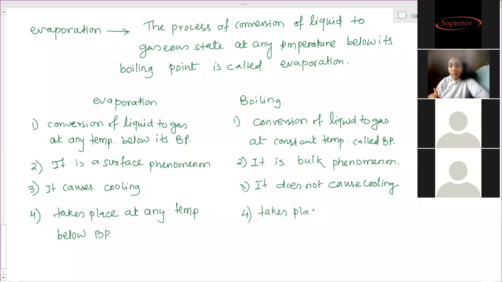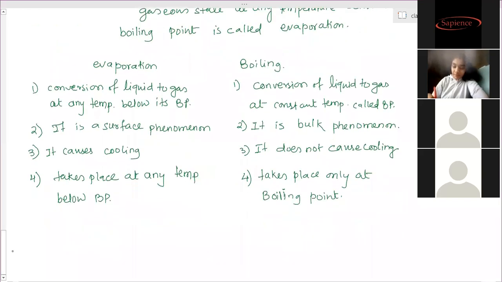Takes place only at boiling point. Evaporation takes place on its own.